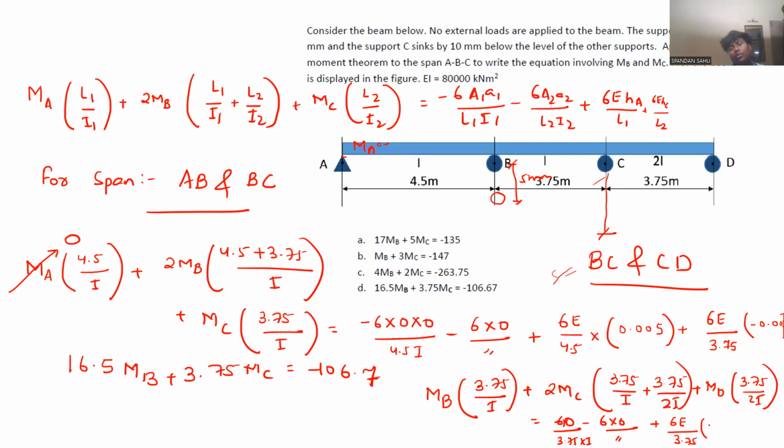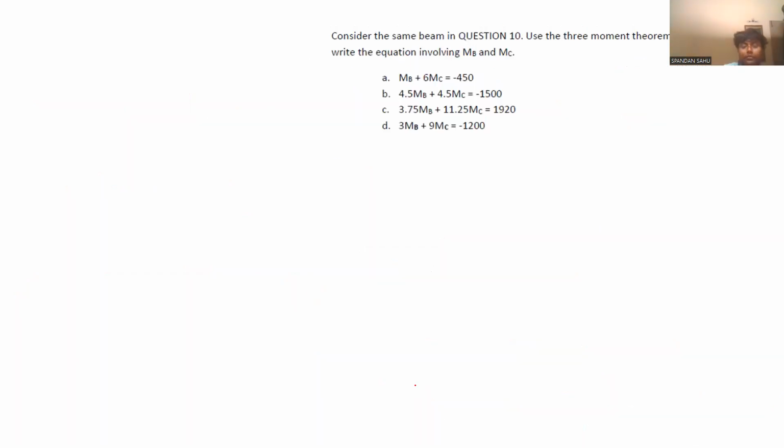And by how much amount? 5 mm. So it will be 0.005. Similarly, by how much amount is D up from C? 10 mm, 0.010. Got it? Okay.